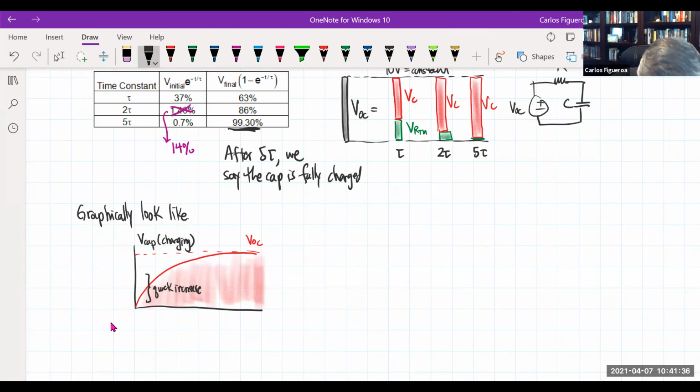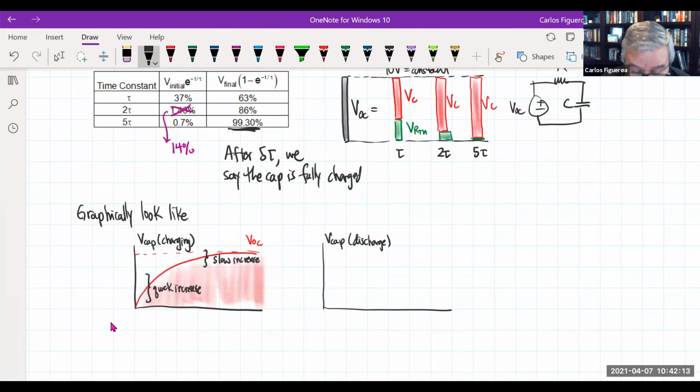But then as I get from here to here, you get a slow increase. A very, very, very slow increase. And in a very analogous way, the discharging behaves exactly the same way. If I look at the V cap discharging, you're going to see the exact same thing.